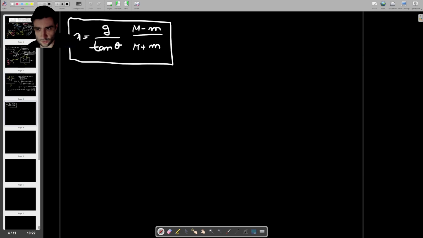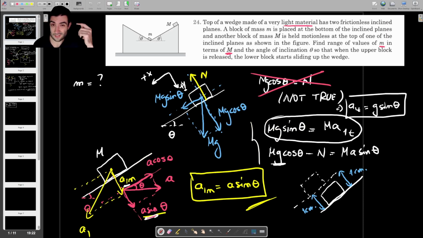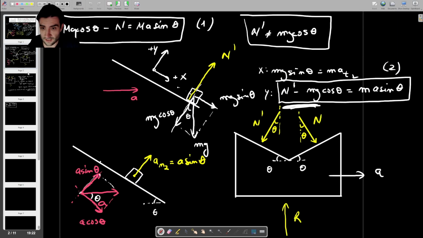So we know that this is the formula for the acceleration of the wedge. Now the tangential acceleration of the second block, we can get it from here, like this.